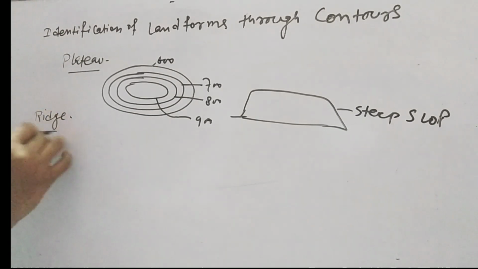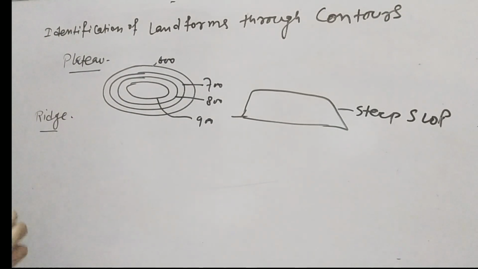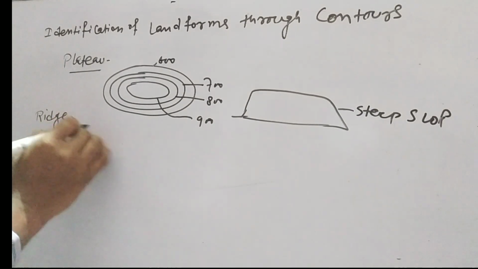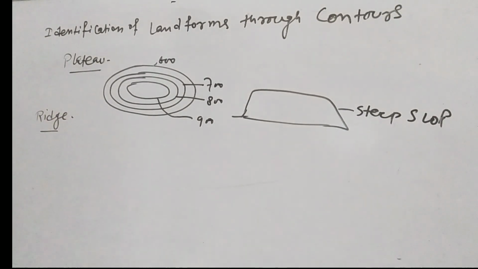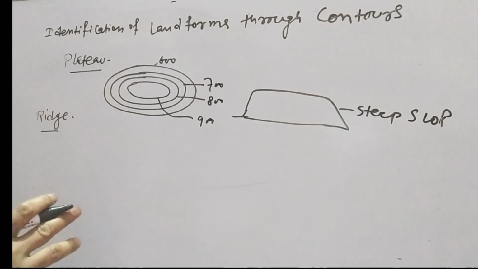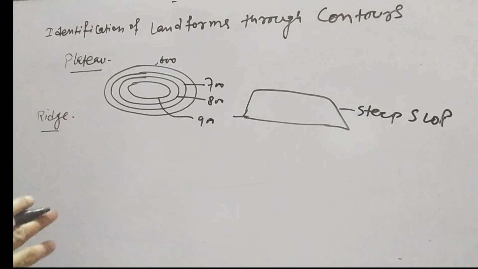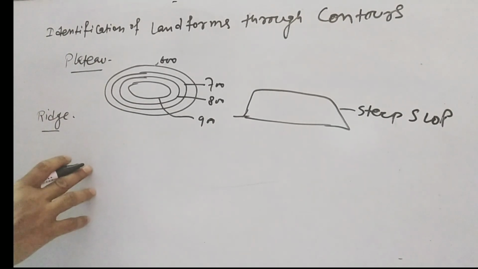So what is ridge? A ridge is a long and narrow stretch of highland, sloping steeply downwards on its sides, and it has numerous summits, right?